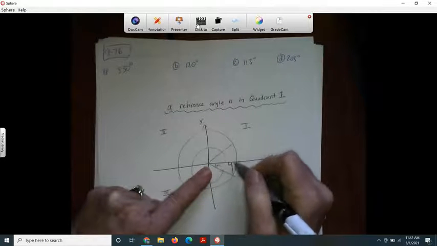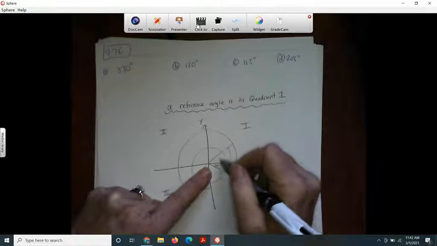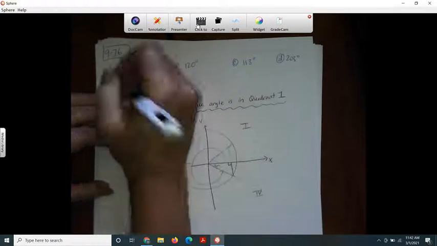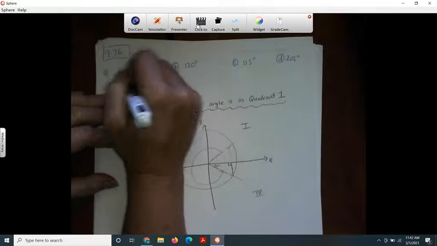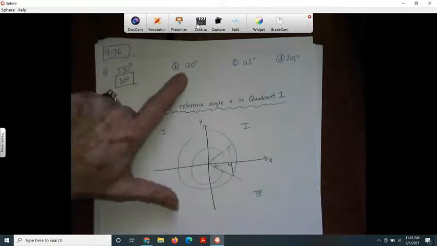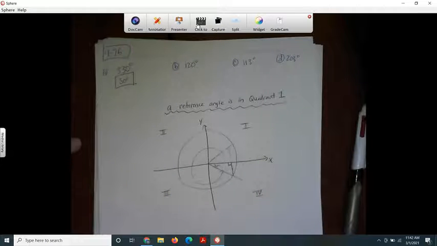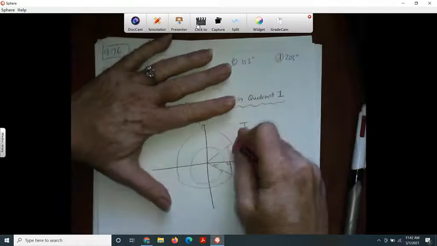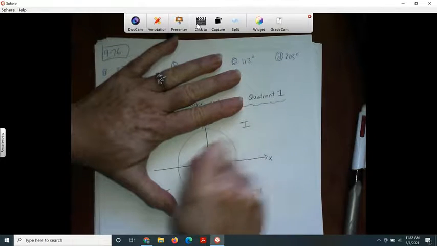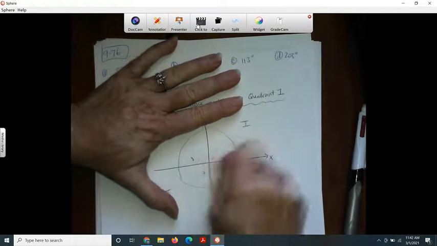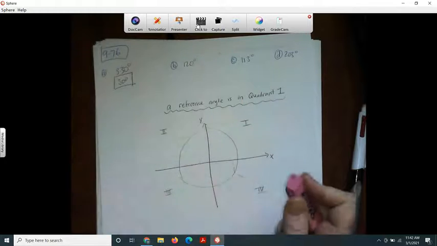Okay, 120 degrees. So I'm going to draw an angle. Where is an eraser when I need one? I'm going to draw a new angle for 120 degrees. So 120 degrees would open there. That's 90. That's 180. Oh, 180 is too far.